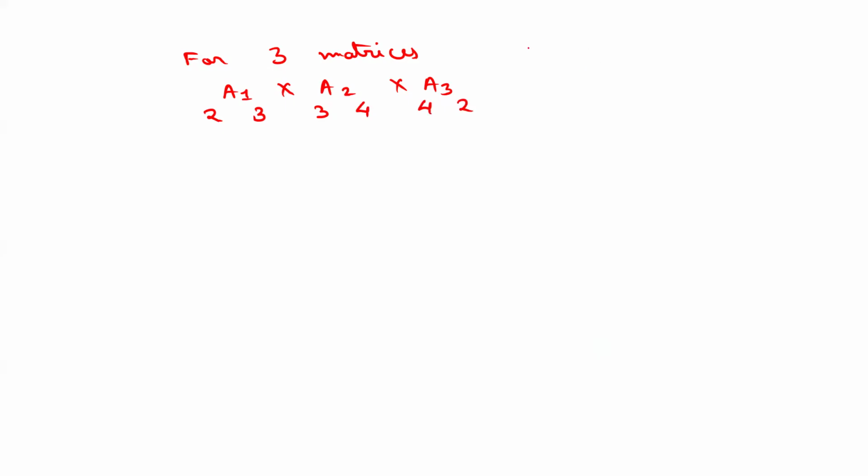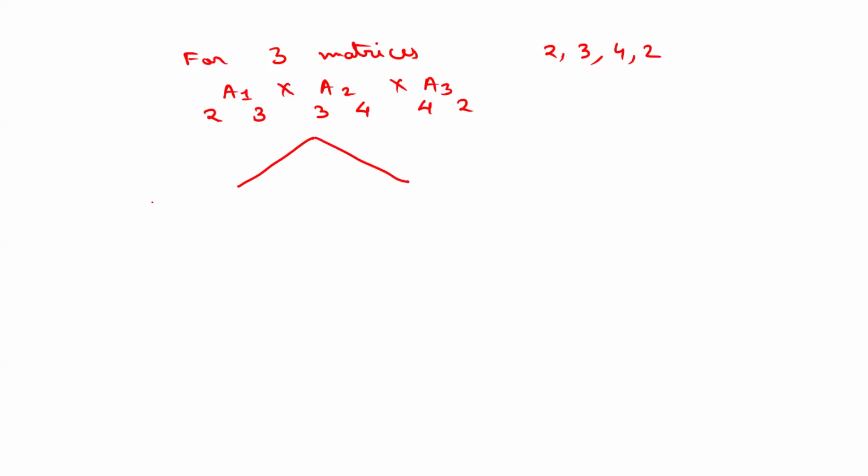So the total number of dimensions is 2, 3, 4, 2. The number of dimensions is 4, where the number of matrices is 3. Now when we multiply more than 2 matrices, there are different ways of parenthesization, or different ways of multiplication. Here there are 2 ways.